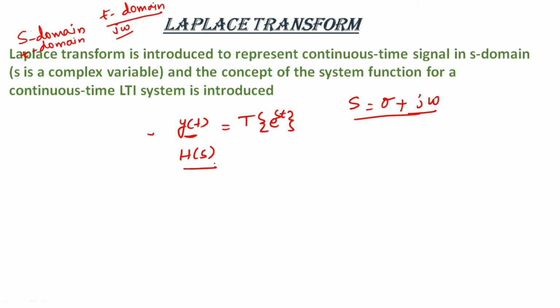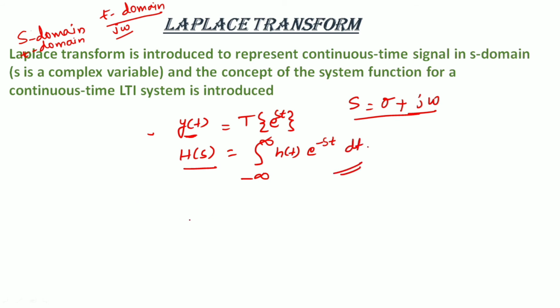That is the Laplace transform of any signal. It is bilateral, that means from minus infinity to infinity. If you have a unilateral system, that will be from 0 to infinity. And we have h of t, which is the impulse response, and we have the expression e to the power minus st dt. This is the Laplace transform.